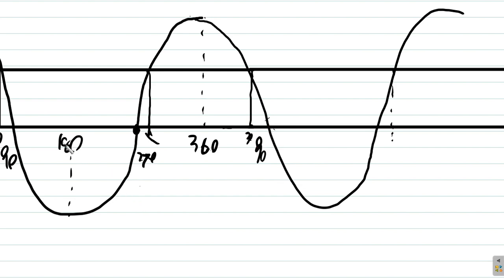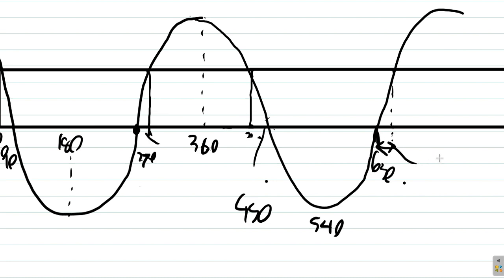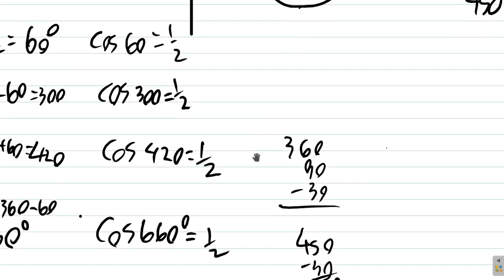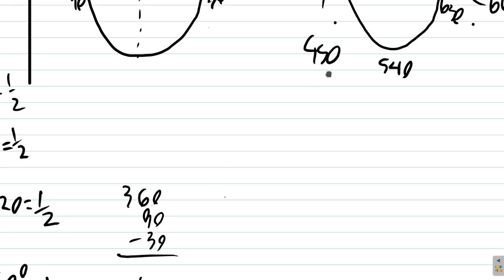This angle should be labeled 450. Plus 90 more will be 540, plus 90 more will be 630 right here. Now 630 plus 30 more gives you 660. And if you project from 660 up to the curve and go to the left, you'll also find that the cosine is half.